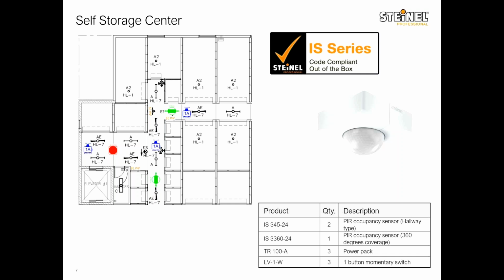But you can use those to basically cover one side of the IS 345 sensor and make it only look down one side of the aisle. So in the case of the sensor that is the aisle starter on the top of this layout, that sensor will only look to the right down the aisle, and it won't see someone walking up and down the vertical aisle that's shown on the layout.